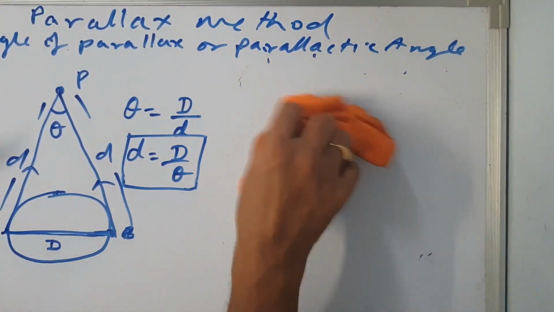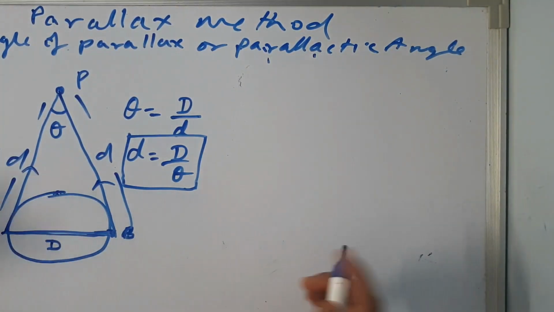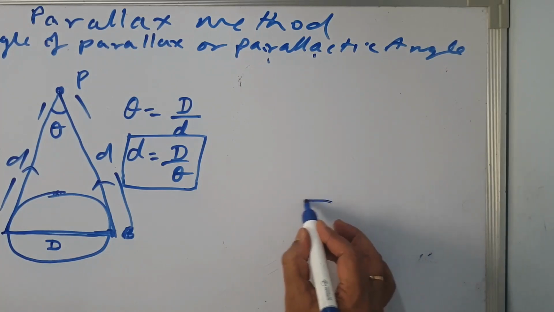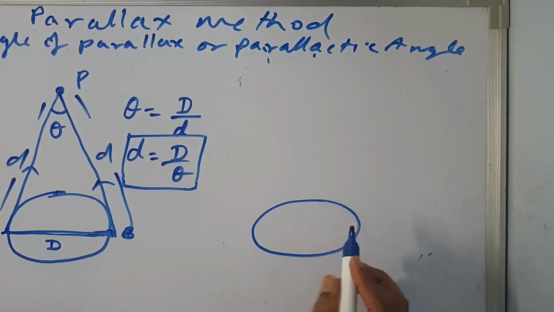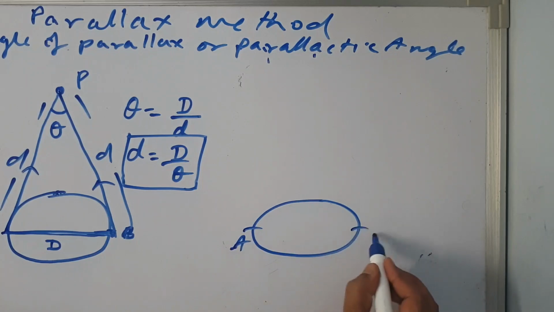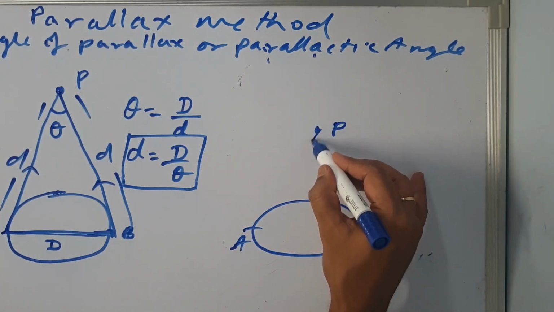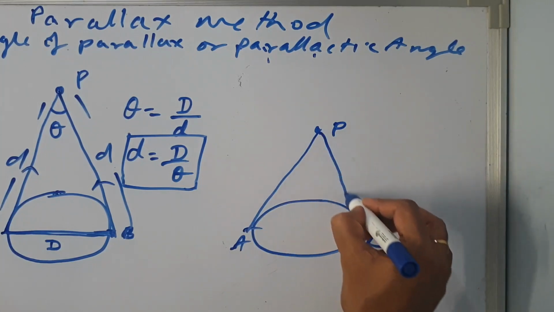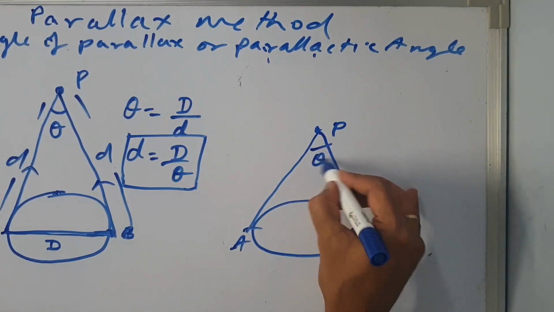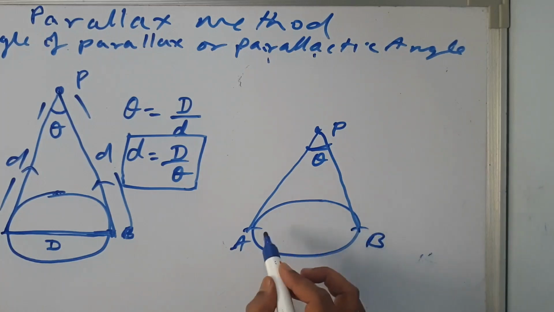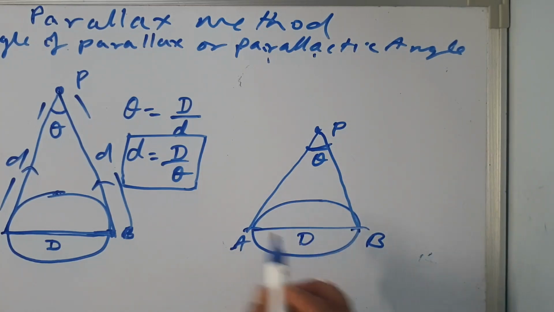Let us see how to do that. This is Earth, AB. This is the planet whose distance you want to measure. You want to measure this theta, because in this relation, capital D, the diameter of the Earth, is known.